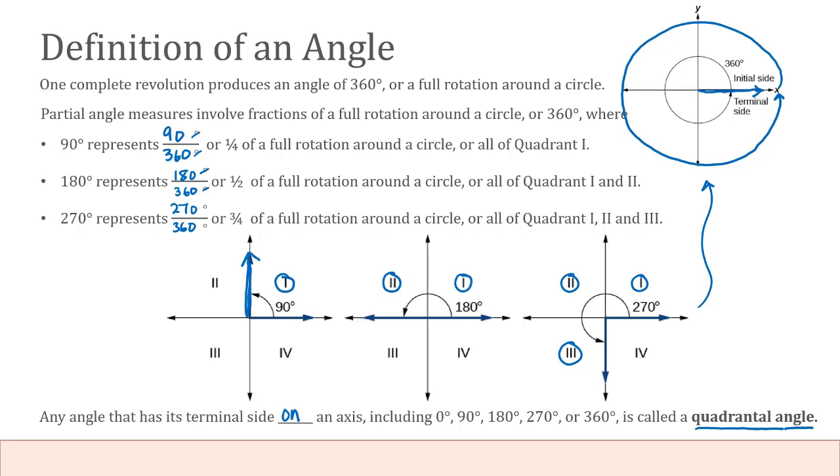For the 180, that was on the negative x-axis. For 270 degrees, that is on the negative y-axis. And of course, the 360 degrees we saw terminate on the positive x-axis. Those are all on axes. They're not terminating somewhere in the middle of a quadrant.